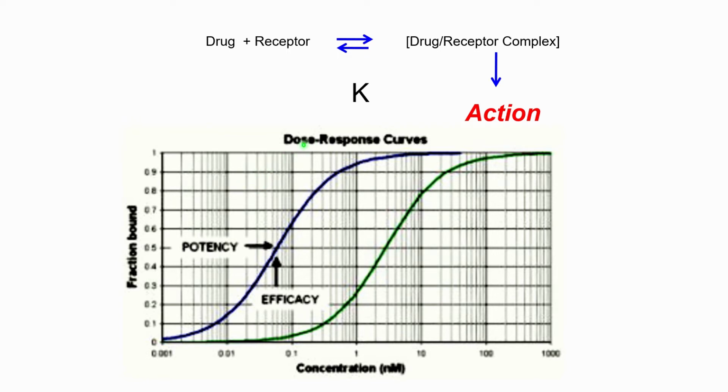This would be dose response curve. So drug interacts with receptor, makes drug receptor complex with equilibrium constant K. Stronger is the complex, lower concentration you need.